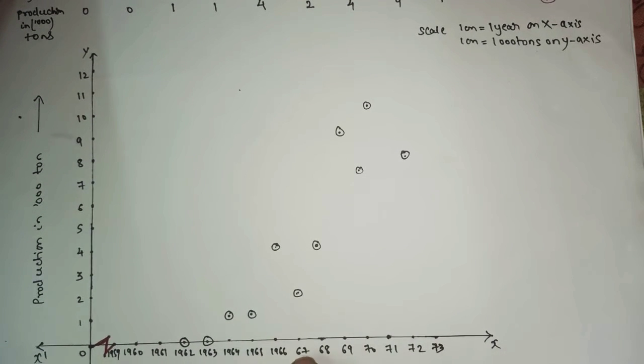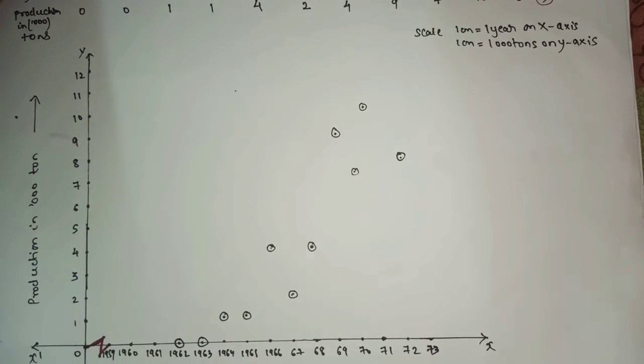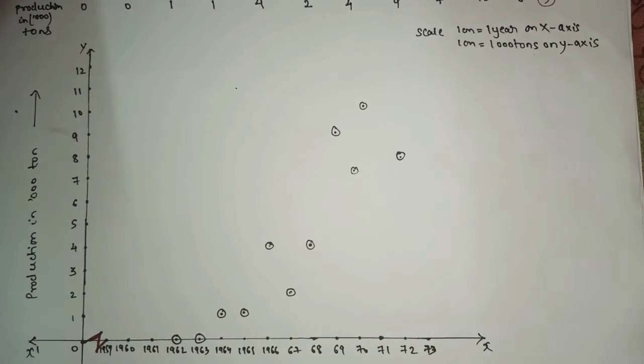Means you don't write 67, 68. Write 1967, 1968. No shortcuts while writing the year.